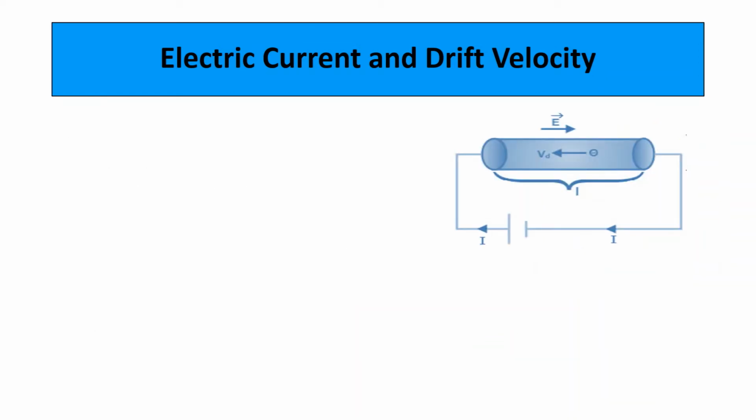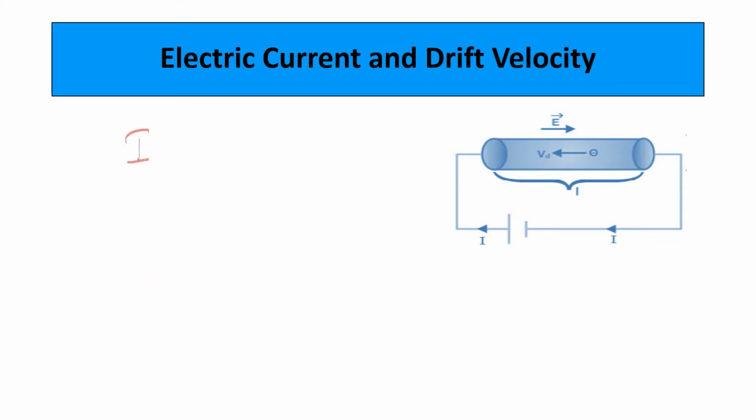What is the basic expression for electric current? Electric current I is equal to Q by t, where Q is the total charge. If e is the charge of an electron and if there are N electrons, what will be the total charge? N into e. This is the total charge of the electrons. Here we are not taking the negative sign; we are considering only the magnitude.